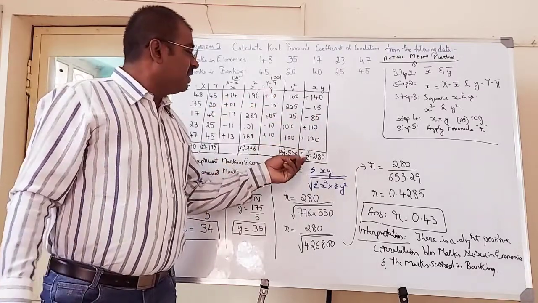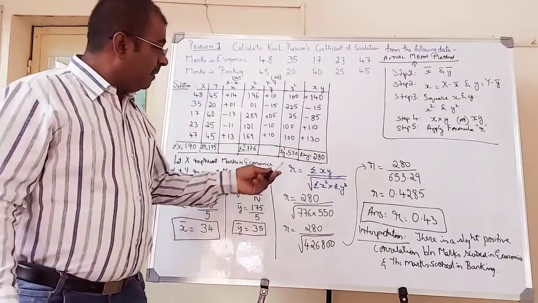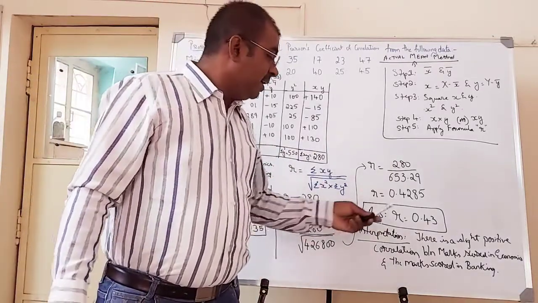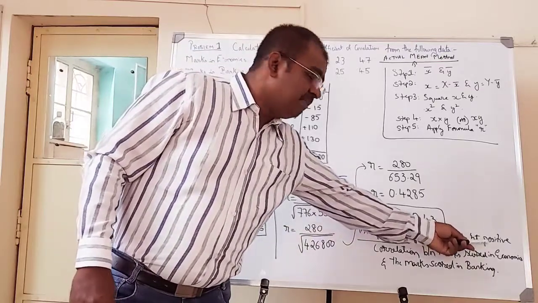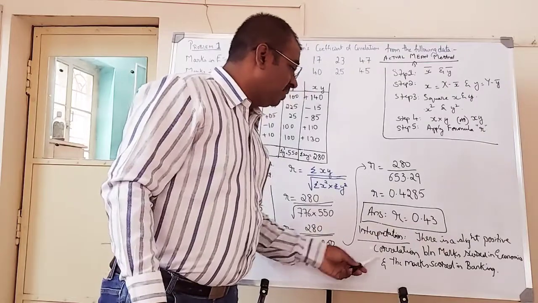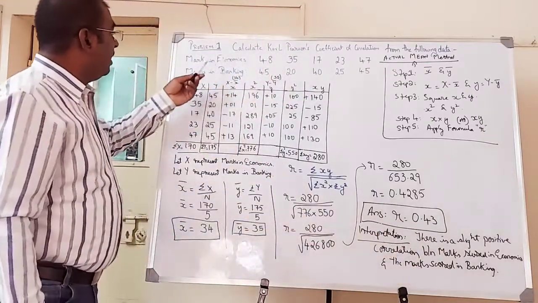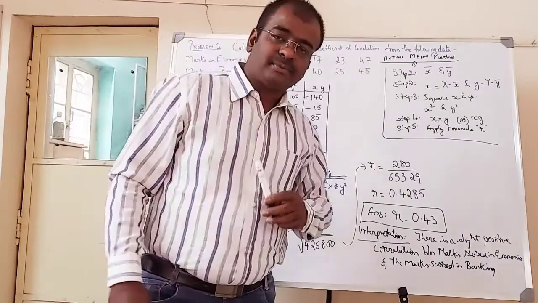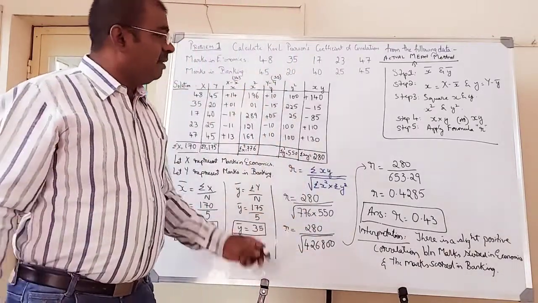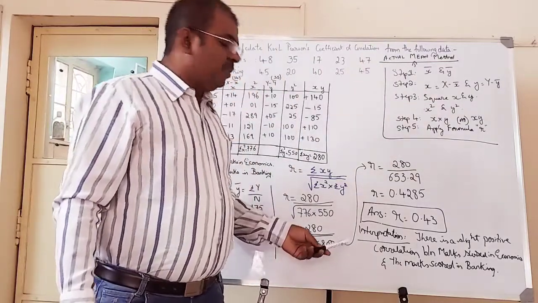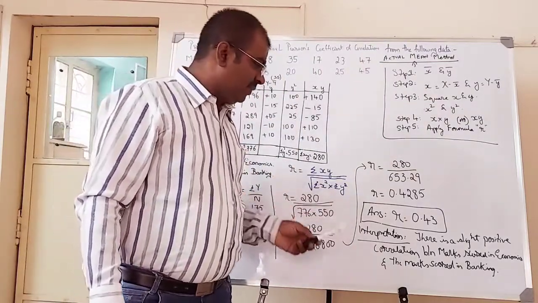And finally, step number 5, we applied the formula of correlation and found the correlation. Here, the correlation is positive. An interpretation is there is a slight positive correlation between the marks secured in economics and marks secured in banking. This is how we solve a problem on the actual mean method. So I hope you all have understood.